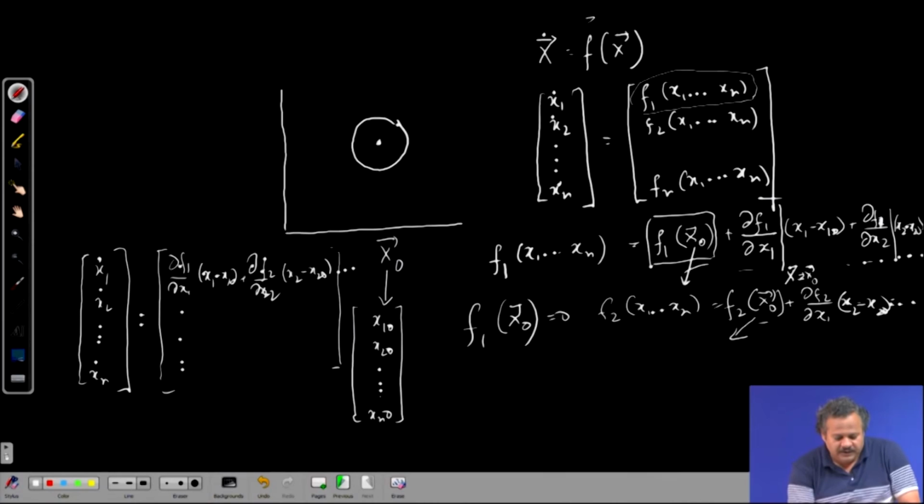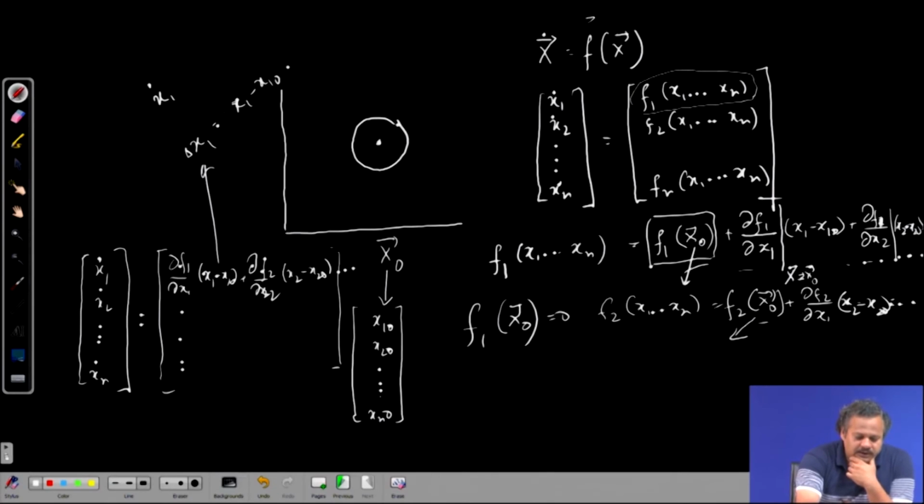Now, if we substitute x as the change delta x, let us say x1 minus x1 naught, then our x1 dot is also simply delta x1 dot.